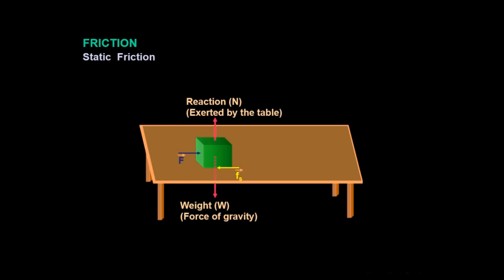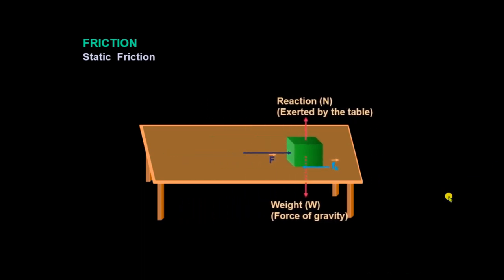Then there is friction also acting on it as it is going to move. Clearly, the body remains at rest because some other force comes into play in the opposite direction to the applied force, resulting in zero net force on the body.